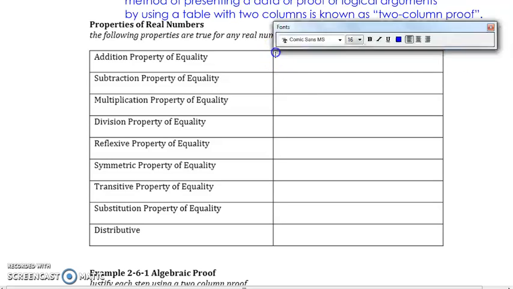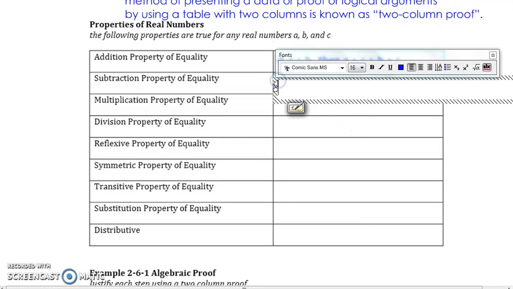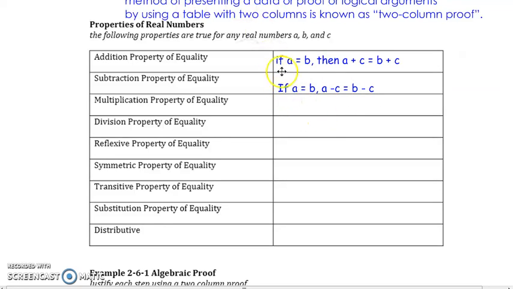For these here, the addition property: if A equals B, then A plus C is equal to B plus C. If A equals B, then A minus C is equal to B minus C. So we can add the same thing to both sides, and that's called the addition property of equality.